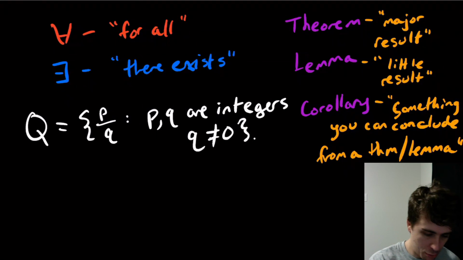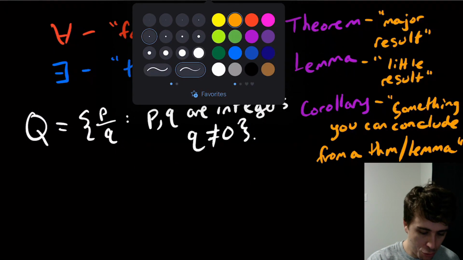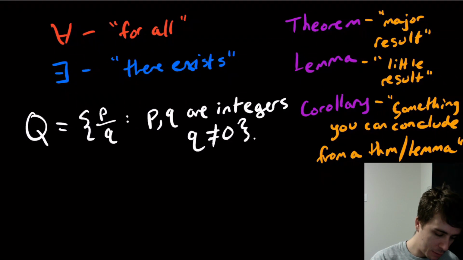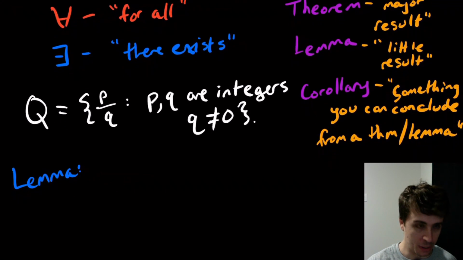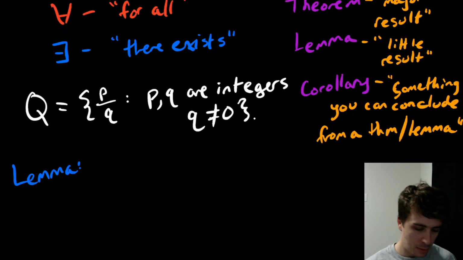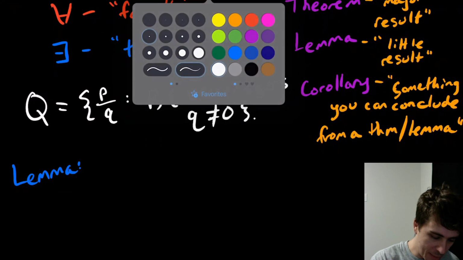Okay, so let's prove a little result right here. I'm going to call it a lemma. Usually lemmas are for helping to prove a theorem, not just a standalone result, but I'm going to use it as a standalone result here. So what is the statement here that I want to prove?